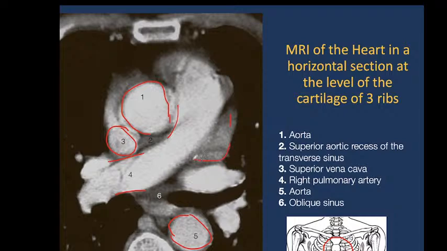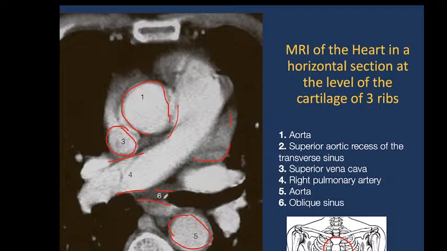This is part of the left atrium, and you even see the sinus. This is the cavity between the heart and the pericardium.